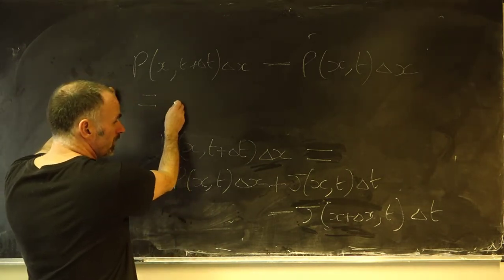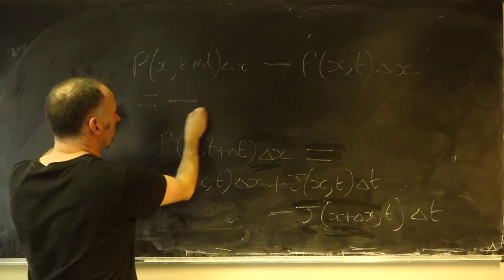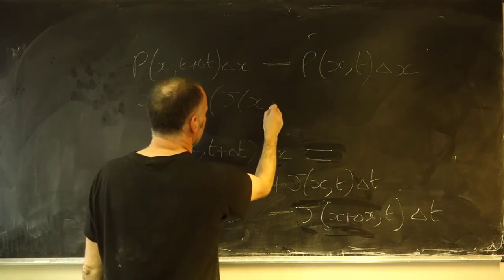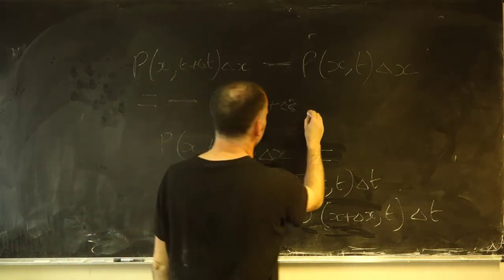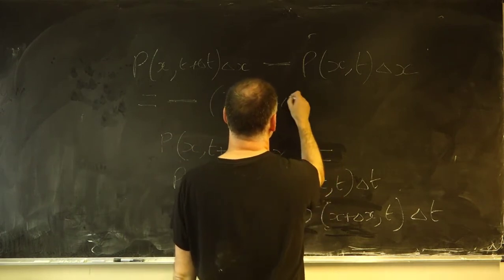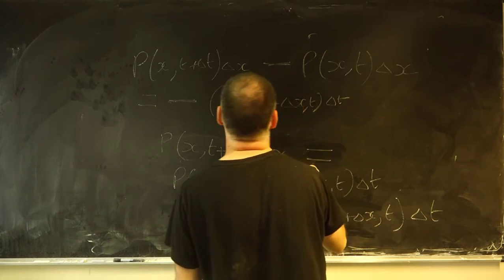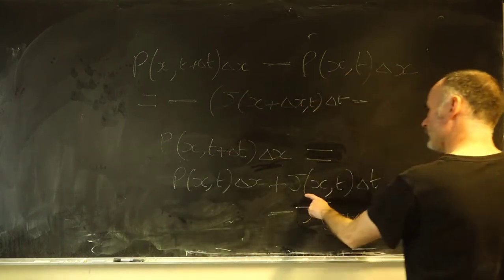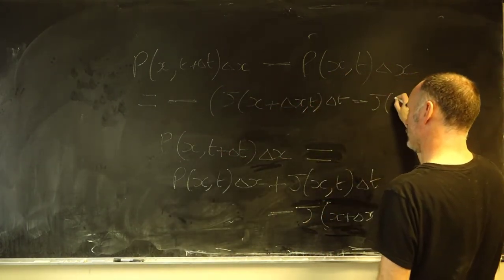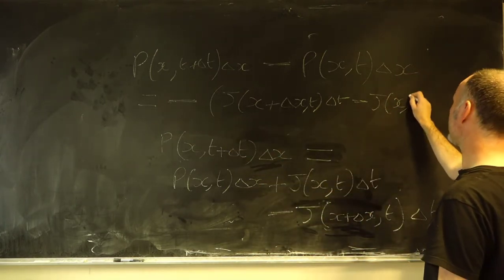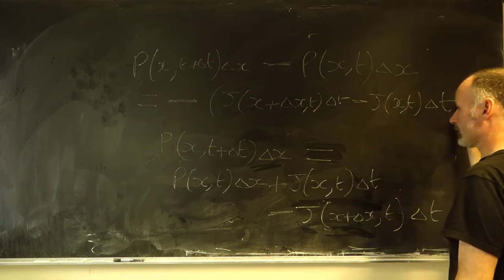So we'll stick a minus sign out here, and then we're going to have j(x plus delta x, t) delta t minus j(x,t) delta t.